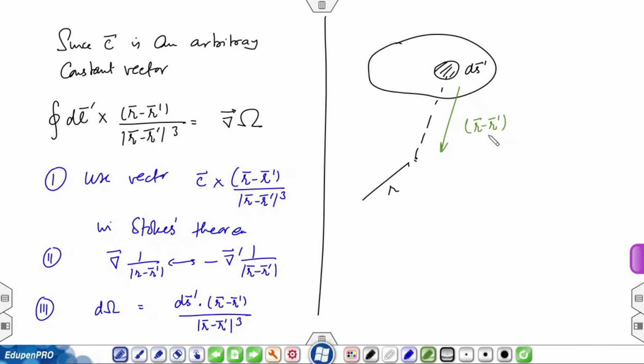Then this solid angle here, this is n, this is the direction of d s also, d omega is going to be minus r minus r prime dot d s prime over r minus r prime cubed. This minus sign takes care of the fact that n and d s prime are roughly along the same direction, so that dot product is greater than 0. So that's how the sign also in the problem was decided. So I've used these to show how to solve this problem.